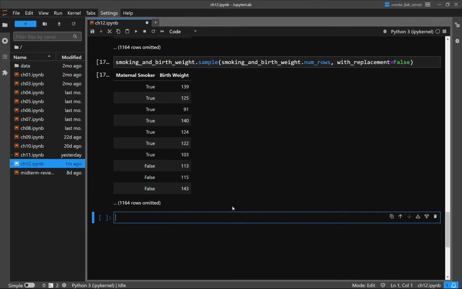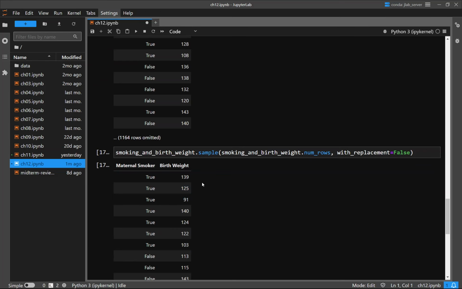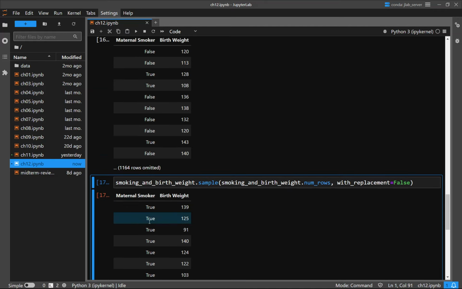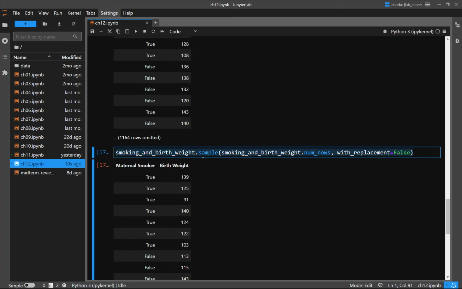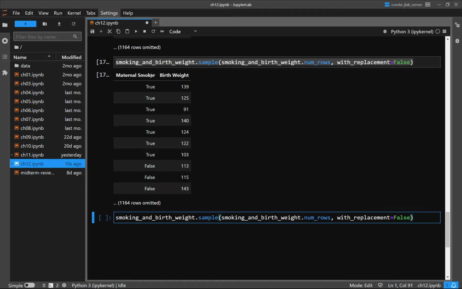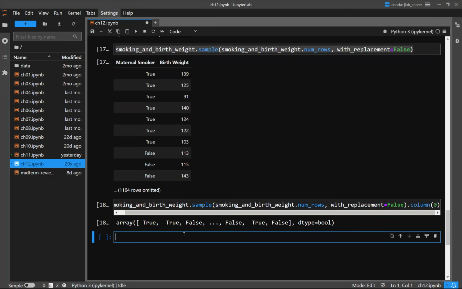And what this does is it gives me a new order of all the babies. But their birth weights are still tied to the same values, the same trues and falses. And so what I want is to take this new ordering of trues and falses only and attach it to the original table. Because then I will have shuffled the rows. So if I do this kind of sampling, and then I get column 0, there are some shuffled trues and falses.